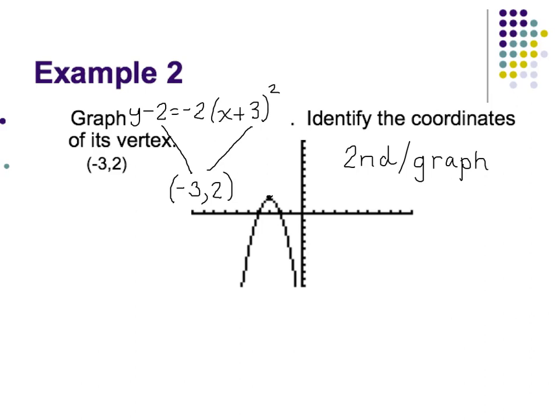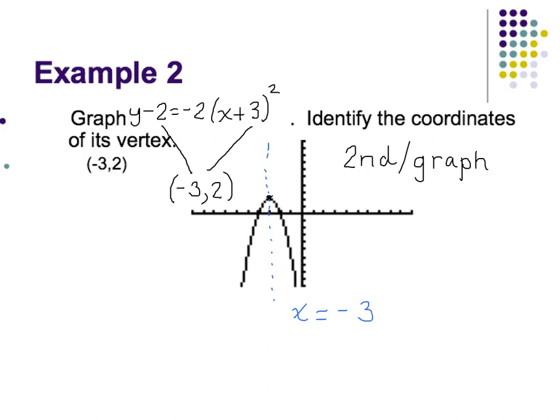Now just to add a little bit more to this one, the axis of symmetry, which is that vertical line that goes right through the vertex, will have all of its x coordinates equal to negative 3. So the axis of symmetry has the equation x equals negative 3.